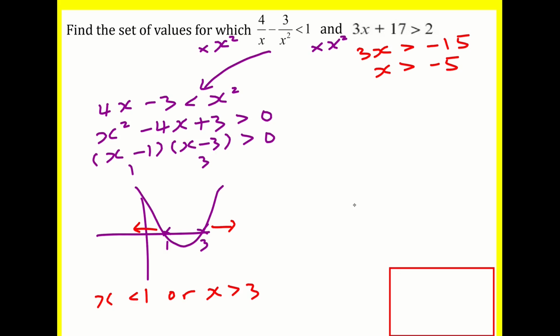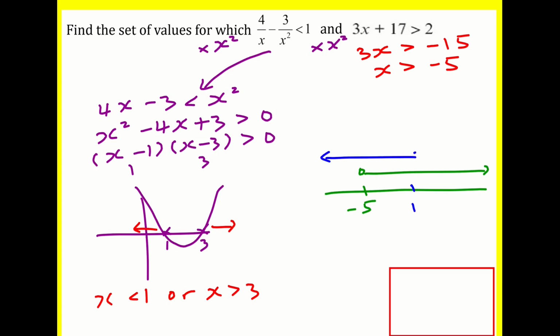Okay, this time I feel like I'm going to get an inequality number line going. So first of all, let's put the minus 5 in. x is greater than minus 5. And then I've got x is less than 1, or x is greater than 3.